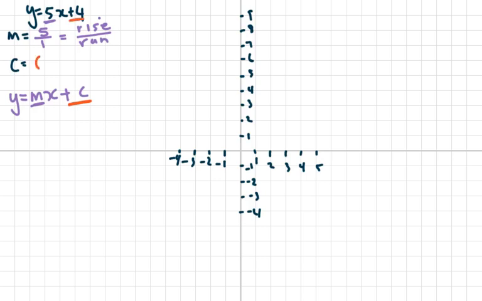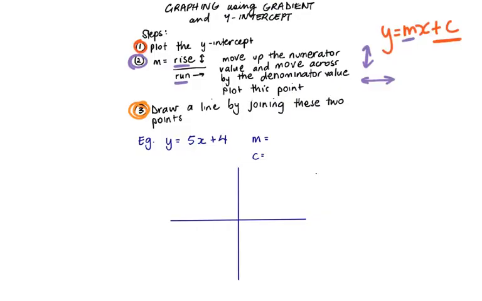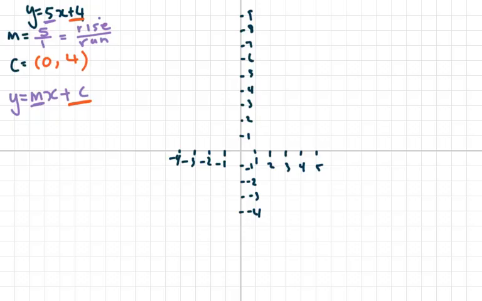Remember, we're going to write that as (0, 4). If we remember our steps, which is 1, plot the y-intercept, and then place a coordinate after we've applied the gradient, the first thing we're going to do is plot our y-intercept. That is the point (0, 4), which goes through the y-axis.